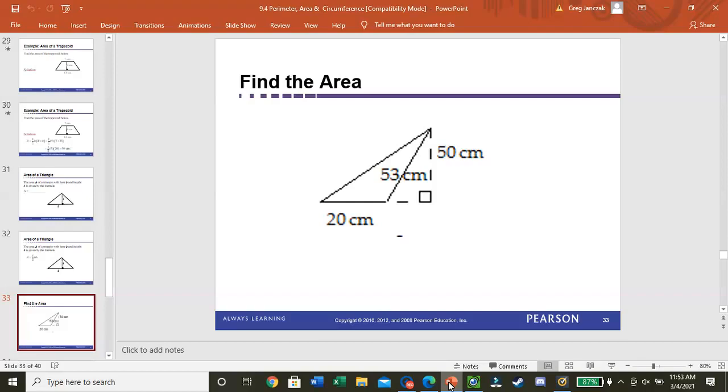So you still have to get the height because the height is always perpendicular to the base. So you would figure out what the height is here, which is 50 centimeters, and the base is 20 centimeters. So we want the area of that triangle.